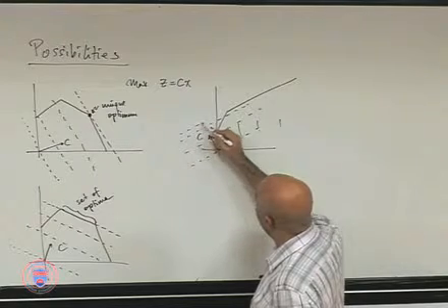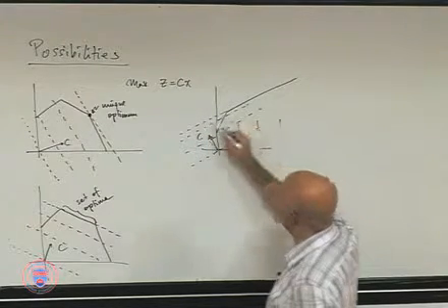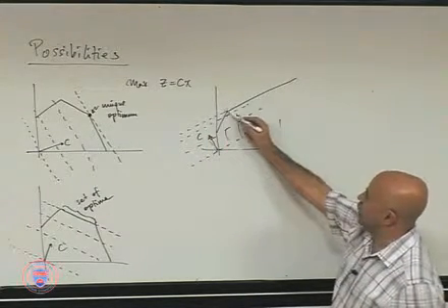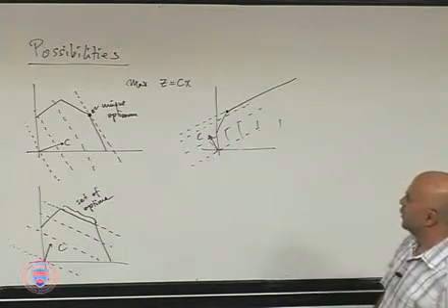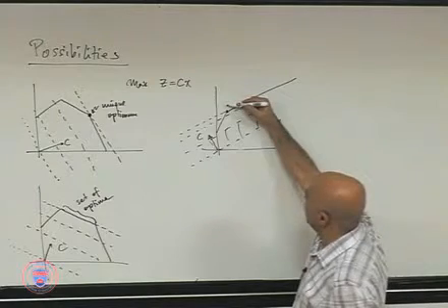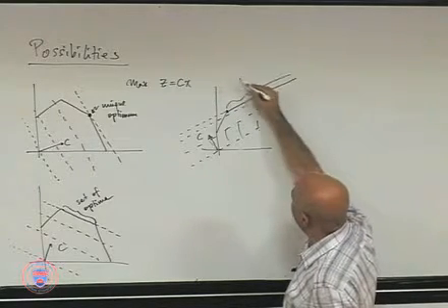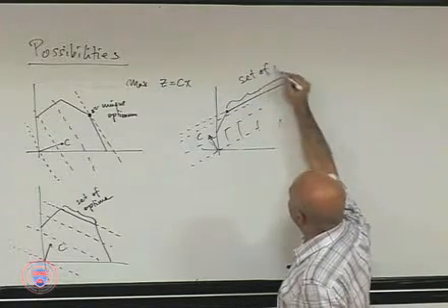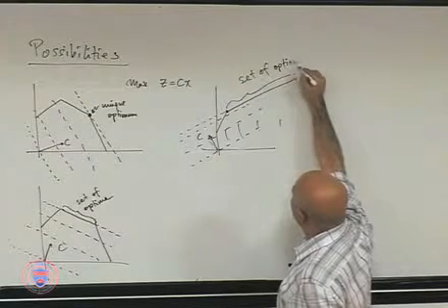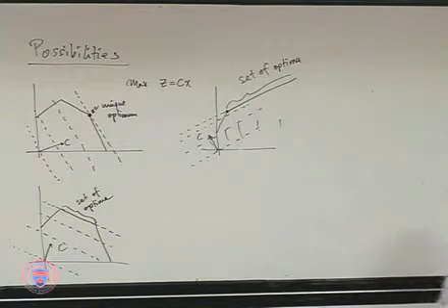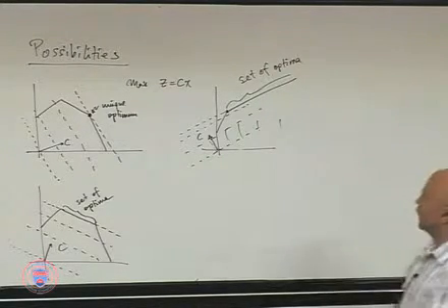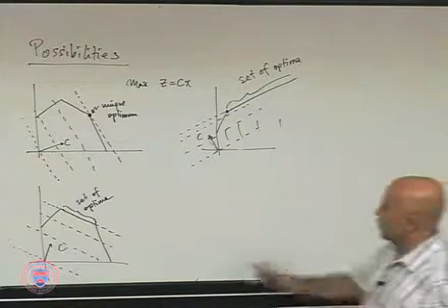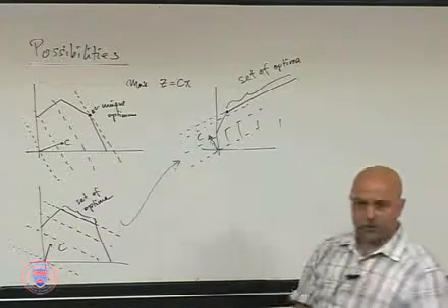Okay? And this one will coincide with the edge that extends from this corner point all the way to infinity. So in this case, the set of optima is here. Okay, on that edge, on that ray. That's not an edge because it extends all the way to the right. All right, so alternate optima, alternate optima.